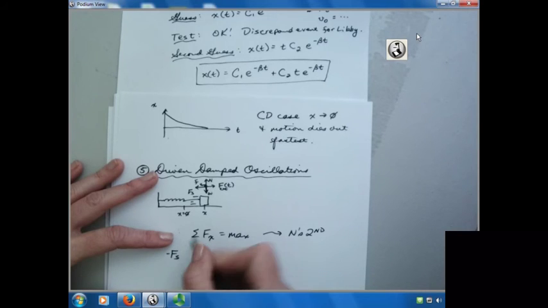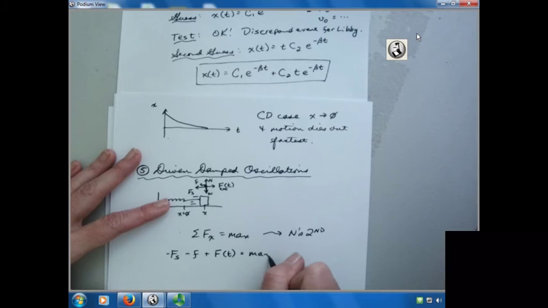So let's get our equation of motion here. I've got a force from the spring, which is negative, the friction, the drag force, plus the external force is equal to max. And I get F as a function of time. That external force is max plus the drag force, which is bv, plus the force from the spring magnitudes, that's kx.